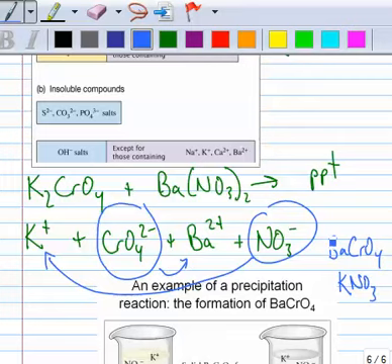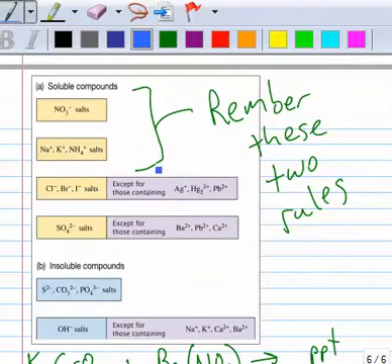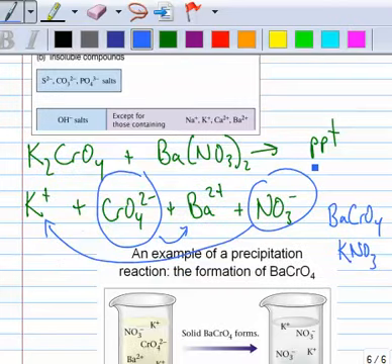And now we're going to look at these two possible products and ask which of them is definitely soluble. And so again, following our rules, okay, if we have a nitrate salt, that is definitely soluble. And if we have sodium, potassium, and ammonium, that is definitely soluble. So when we look at these two possibilities, we see that potassium nitrate has both nitrate and potassium ions, and so this is definitely soluble.